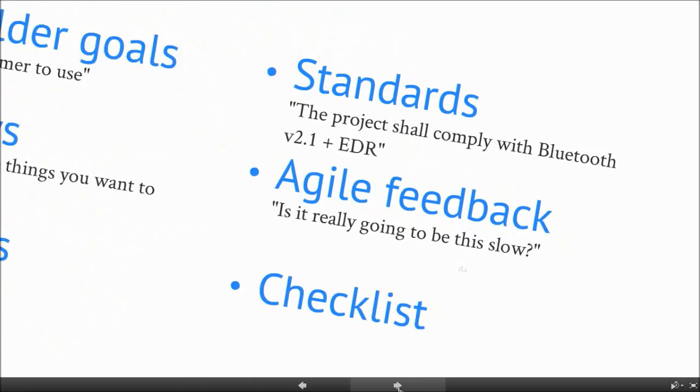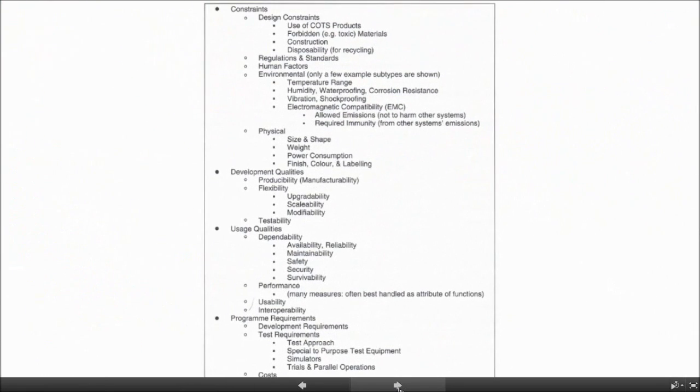And then a checklist. Now, we showed you a checklist. Actually, this is straight from your book. Having these checklists will help you identify gaps in your requirements. This particular checklist, a requirements checklist, we're going to refer to this later on, so make a mental picture of this. This will help you identify what kind of design constraints, any regulations or standards that you need to work with, any human factors, environmental, physical, these development qualities, producibility, flexibility, testability.